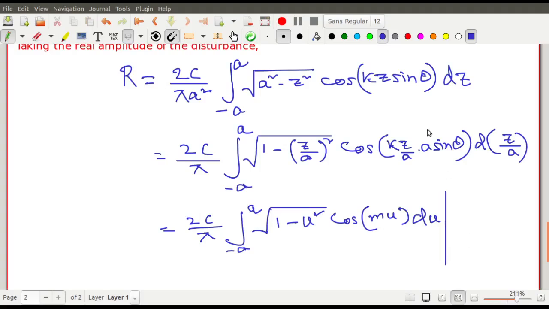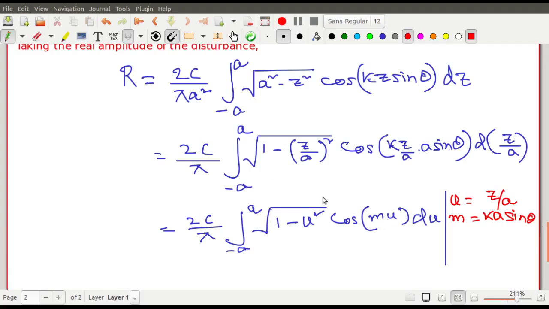So I have used these variables over here. আমরা এইগুলো ইউজ করেছি. u is my z by a and m is my ka sin theta, right? That's it. ka sin theta কে আমরা এখানে m নিয়েছি.